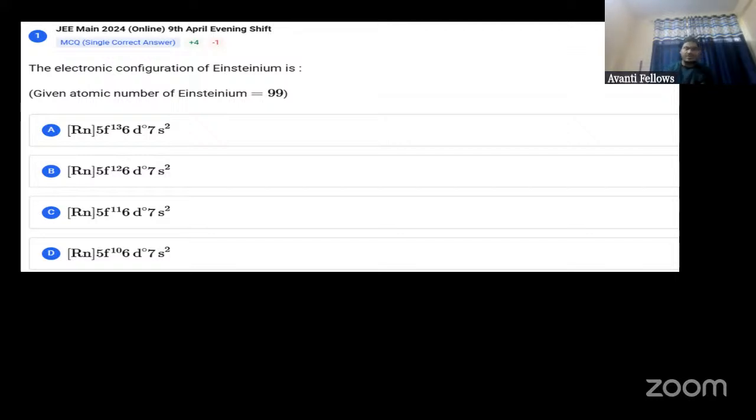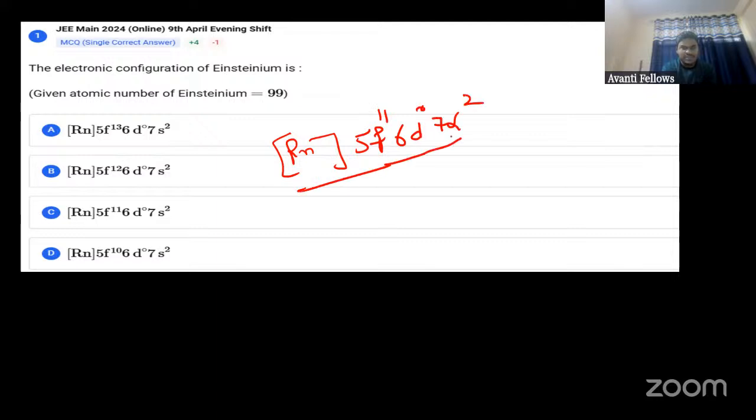What is the electronic configuration? The correct option is option C, that is [Rn] 5f11 6d0 7s2. So this is the correct one. Why, beta?